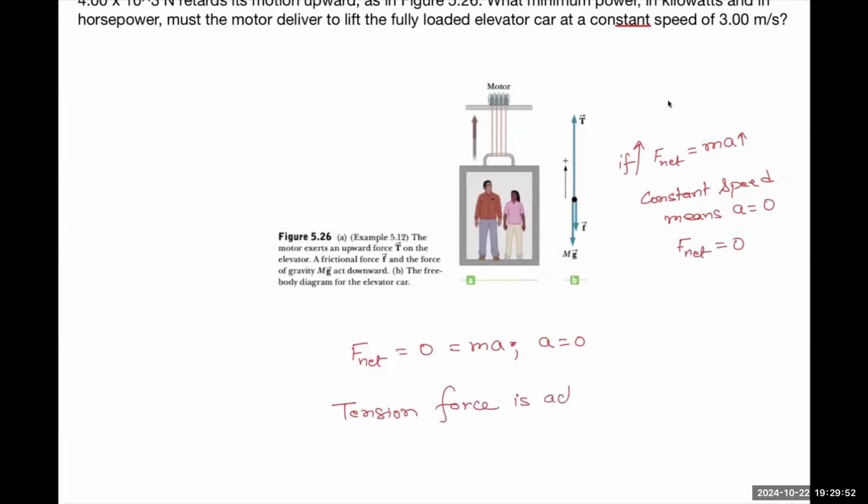Okay. So now in these conditions, the tension force is acting upward. And what is the force that is acting downward? My friction force is always opposite to the motion, so my friction force is acting downward.